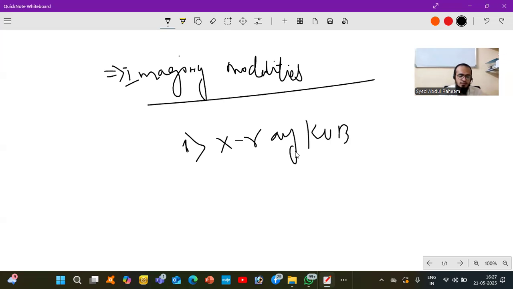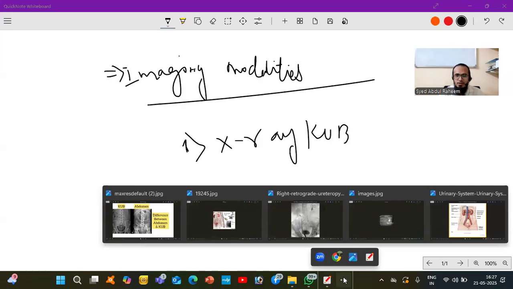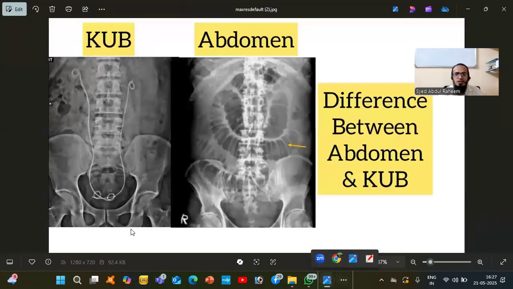So basically, if you see this image, we have different types of scans here. Here you have the KUB X-ray. Here you have the abdominal X-ray. Both are the same.